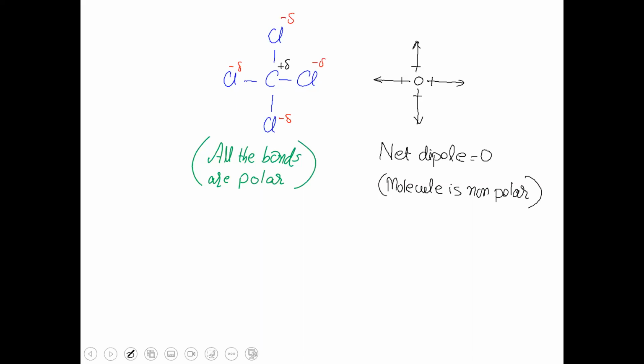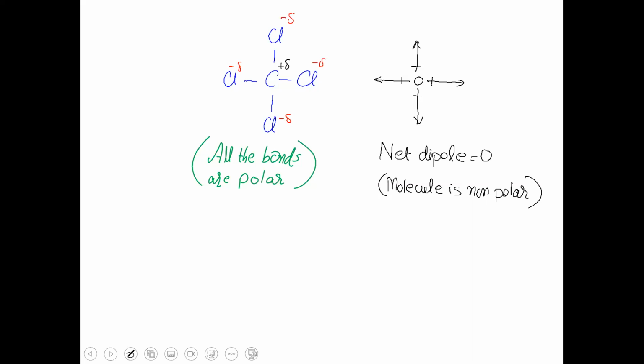The dipole concept actually comes when you want to decide the polarity of a molecule. Make it clear. There is a concept of bond polarity and there is a concept of molecule polarity. A bond is polar when the difference of electronegativity is large. A molecule is polar when the dipoles do not cancel each other.